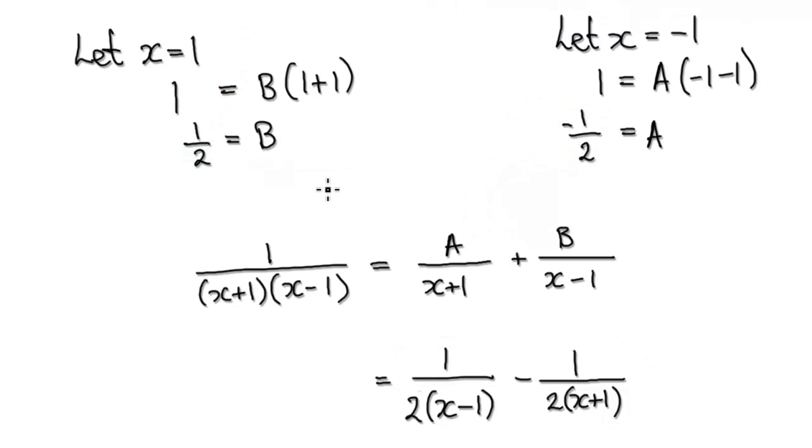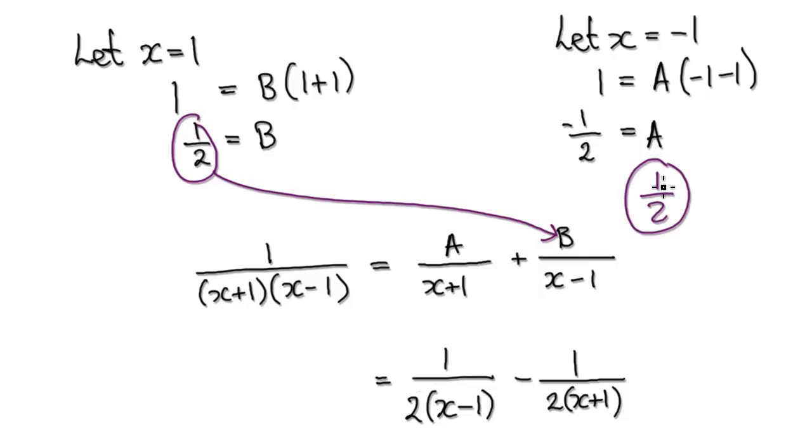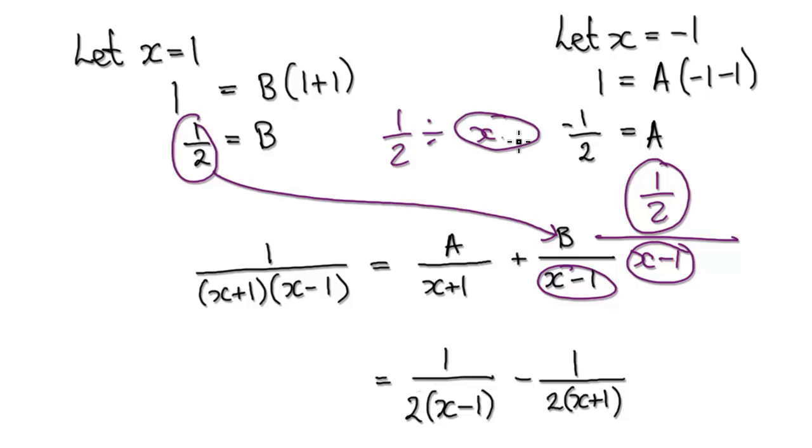Because if you look at this, if you put this into b, it will be a half. So this is b here divided by this thing here, x minus 1. So you would visualize this as a half divided by x minus 1, and then it gets multiplied to the bottom. So that would be a half over, so that would be 1 over 2 times x minus 1, and so on. So that will then give you this.